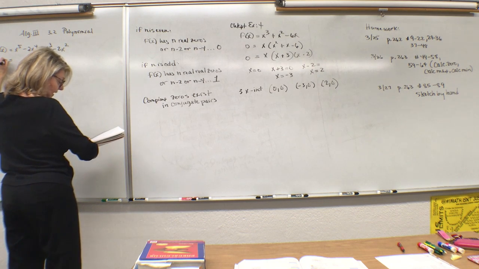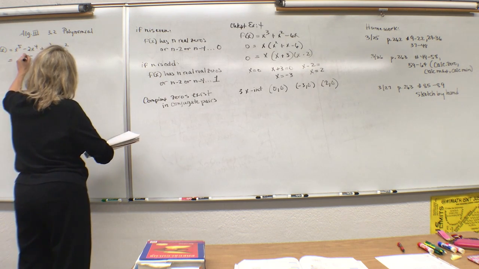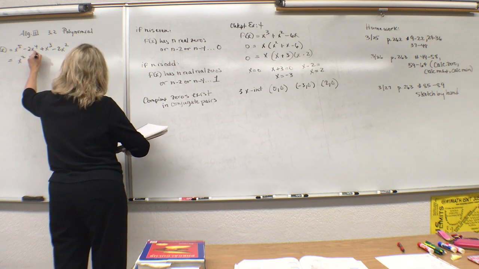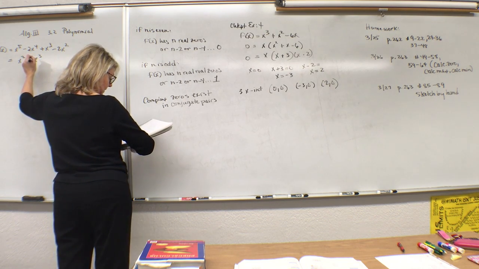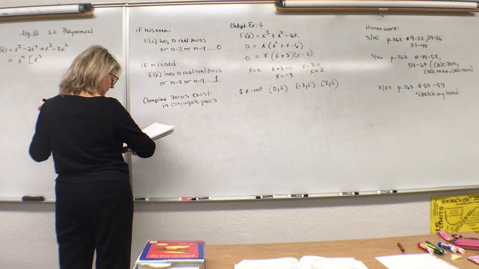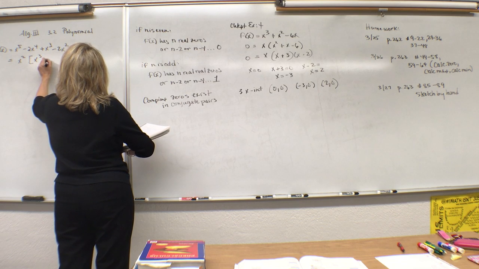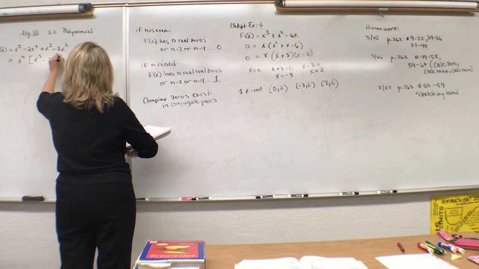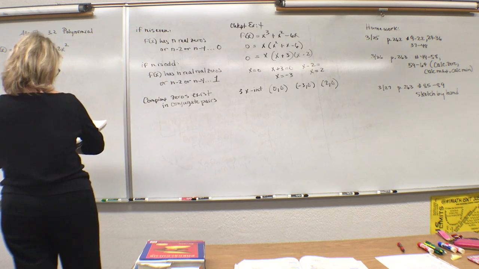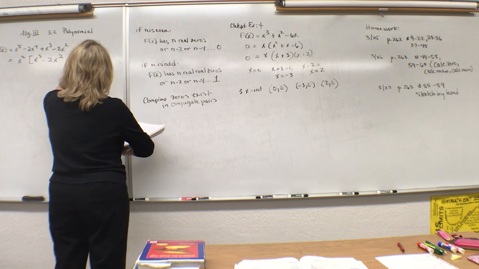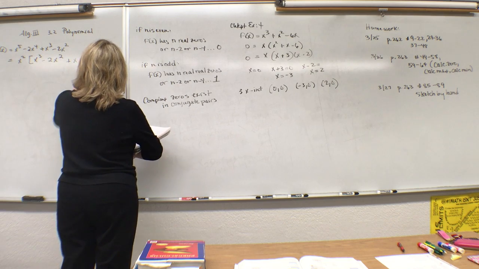In this case, again, GCF x squared leaves me x cubed minus 2x squared plus x minus 2.